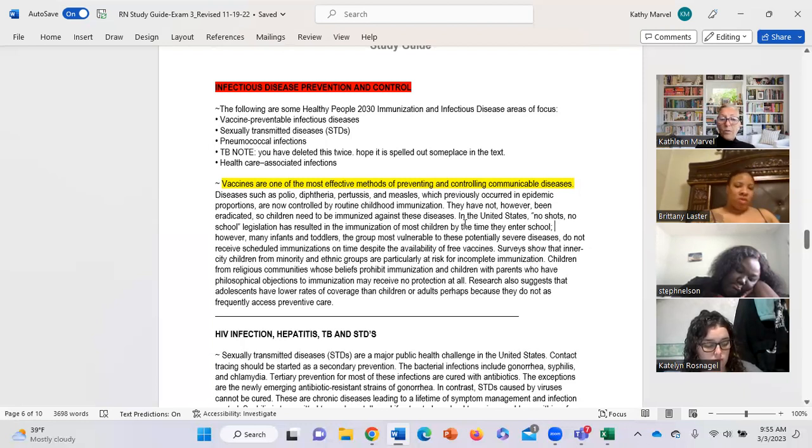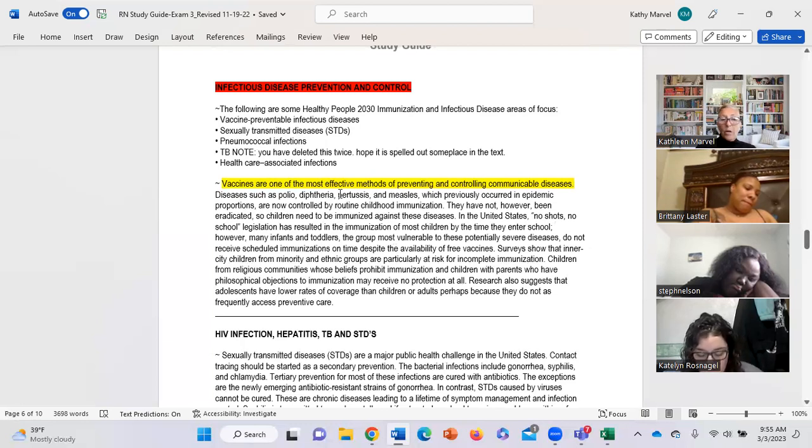And then this goes through vaccines. Who are the high-risk populations for not getting vaccinated? Why are they not vaccinated? Okay, we have no shots, no school, federal law in this country, right? But families can do exemptions: religious exemptions, medical exemptions, personal exemptions.